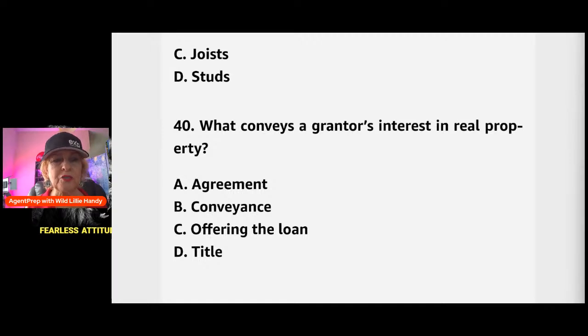So when the property is sold, the owner signs a deed, which then is considered the conveyance. So it is the conveyance. A conveyance or sale deed is a legally binding contract that transfers all ownership rights from the seller to the buyer. So the seller signs the deed, right?